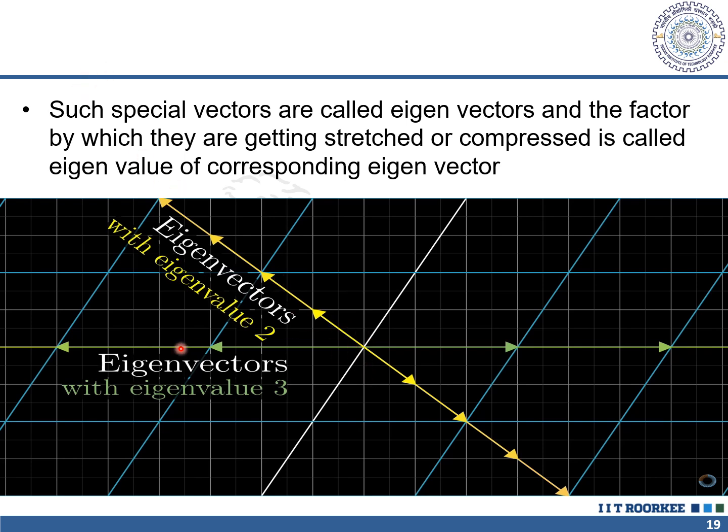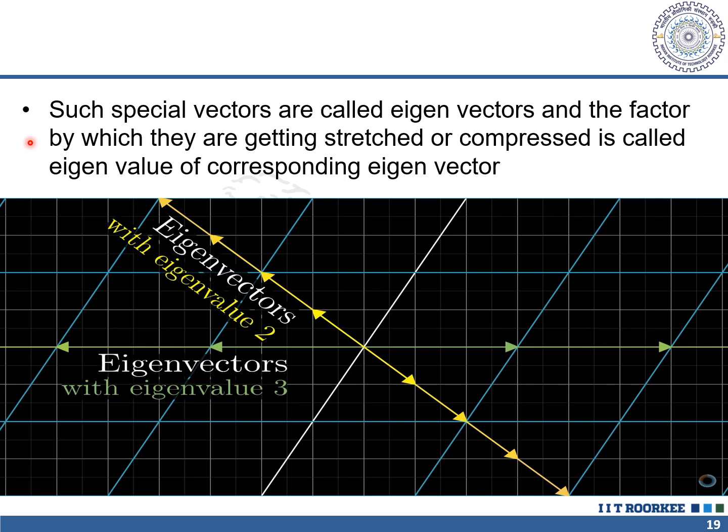And here are the eigenvectors with eigenvalue 3. If we choose any vector in this direction and apply the linear transformation, it will get stretched by 3 times. So these special vectors and special values are called eigenvectors and eigenvalues.